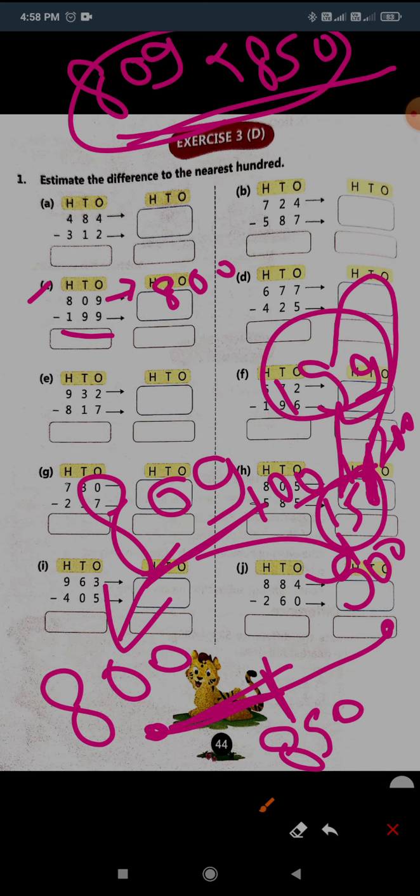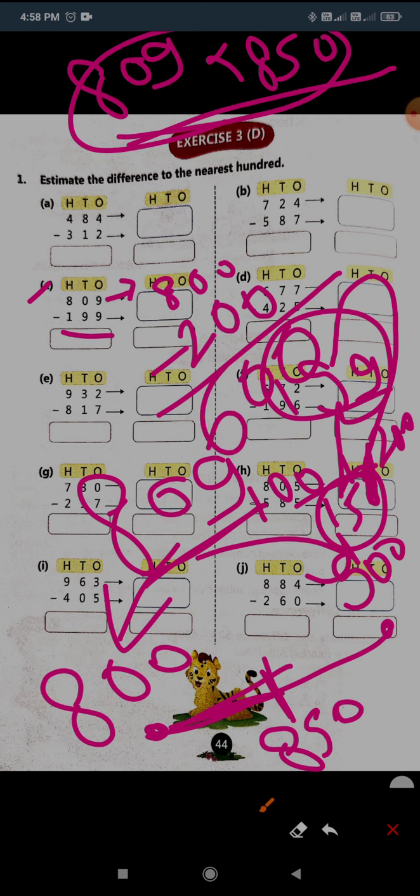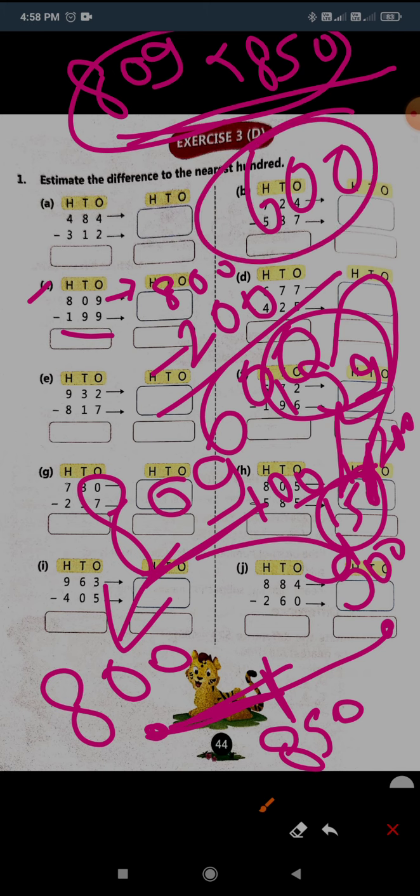So 200 will be the nearest 100 of 199. So subtract here 200. As we subtract, 0 minus 0 is 0, 0 minus 0 is 0, 8 minus 2 is equal to 6. So the answer will be 600 for this question. And don't write anything here, and don't forget to put the minus sign also.